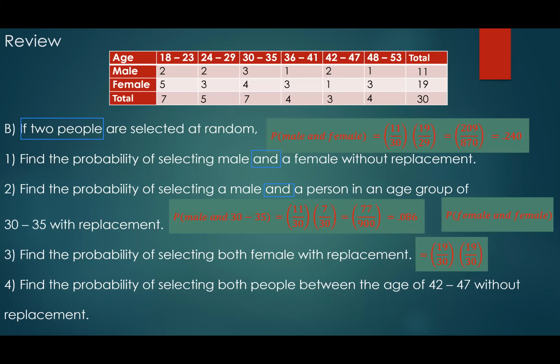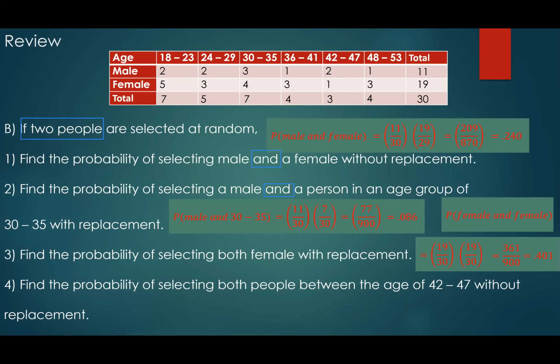No matter how many times, if you want 5 females and you keep on replacing, then it's going to be 19/30, 19/30, 19/30, 19/30, 19/30, because if you keep on replacing, the probability will not change. Given this, 19 times 19 is 361, divided by 30 times 30, which is 900, gives roughly 0.401, or 40.1%.